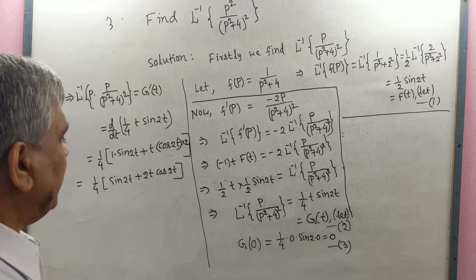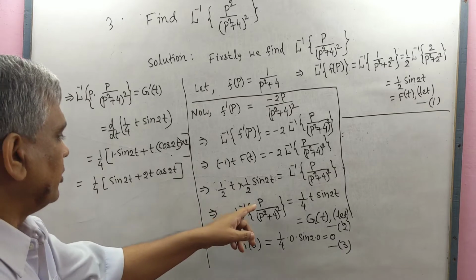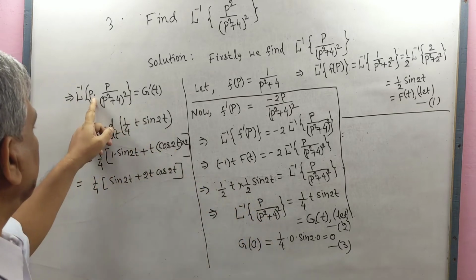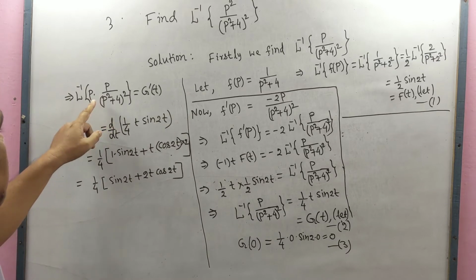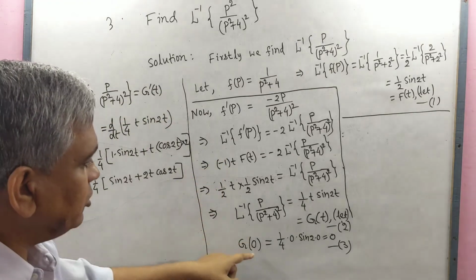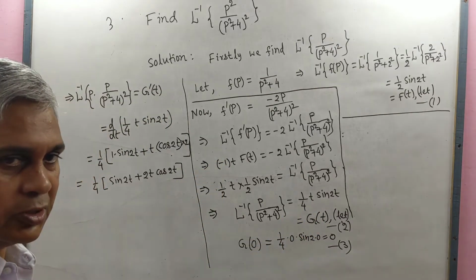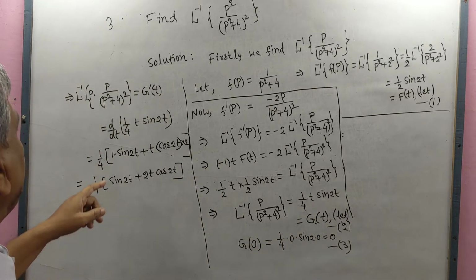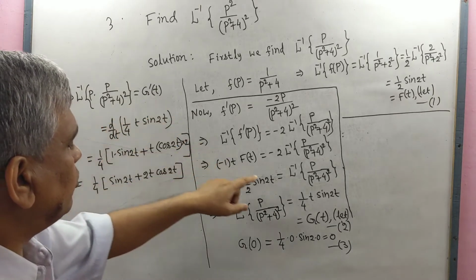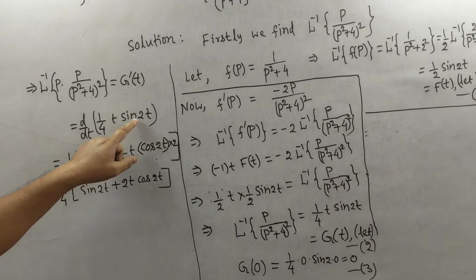Now multiplying this value with p, we get g dash(t), as g(0) is 0. So d by dt of g(t), which is 1/4 t sin 2t.